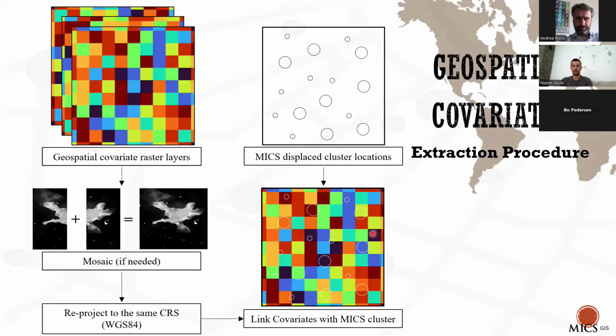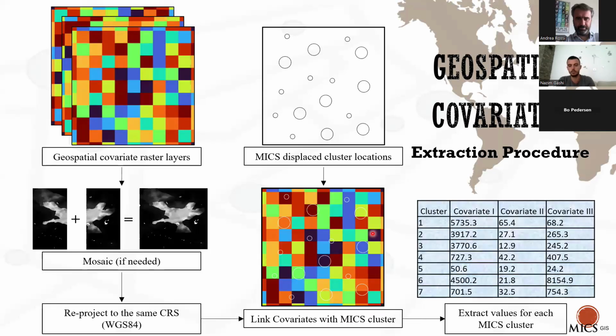For this work, we have developed a huge repository within our MICS program, where we are collecting the data coming from open sources on the indicators that I mentioned before. Some of the main sources in this geospatial covariates repository come from different universities around the globe and from organizations like the FAO, the Food and Agriculture Organization.